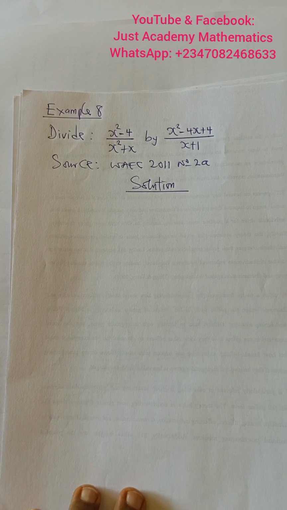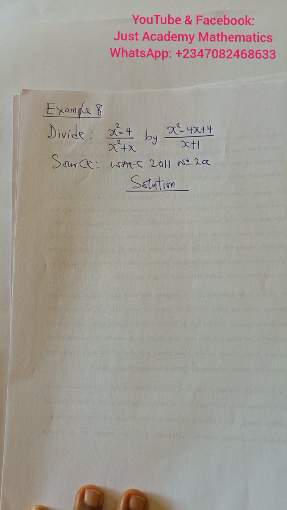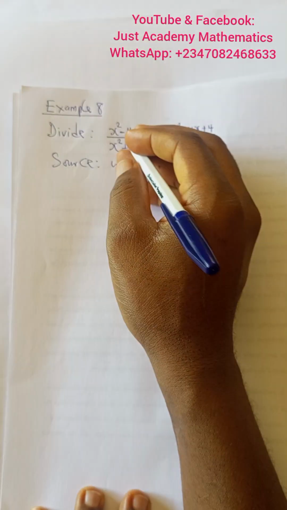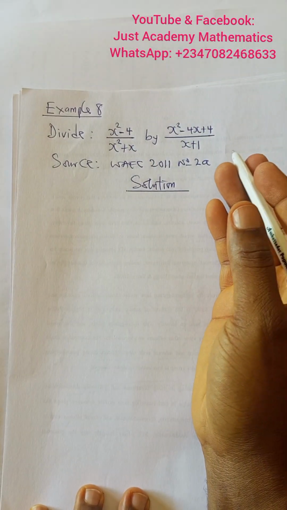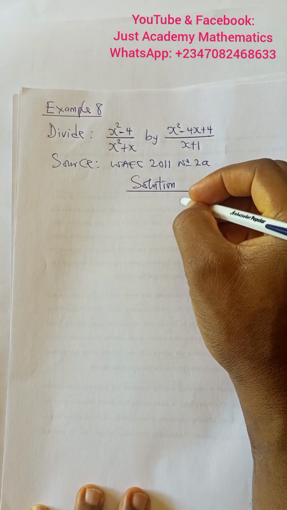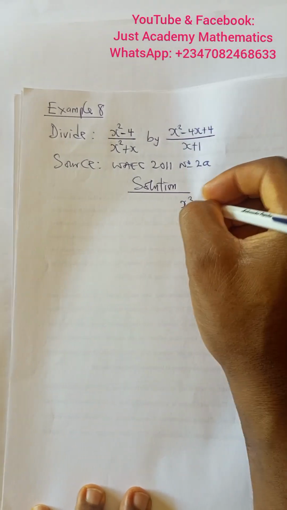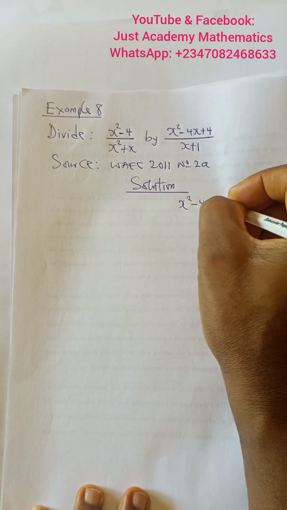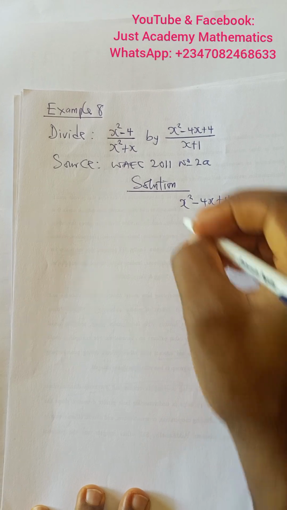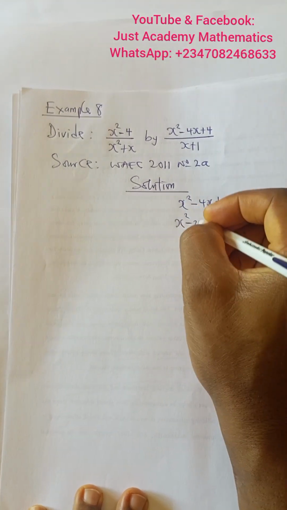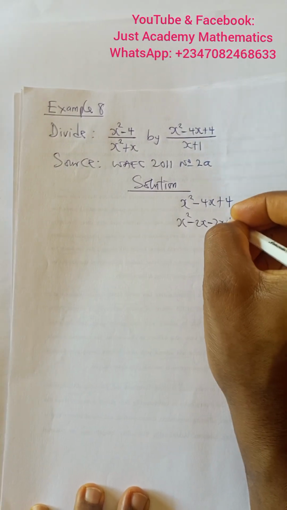But for the sake of understanding, let me put it that way. We can as well show it one after the other. But this one here now, like I said, x squared minus 4x plus 4. Factorize this one alone. You have x squared minus 2x minus 2x plus 4.